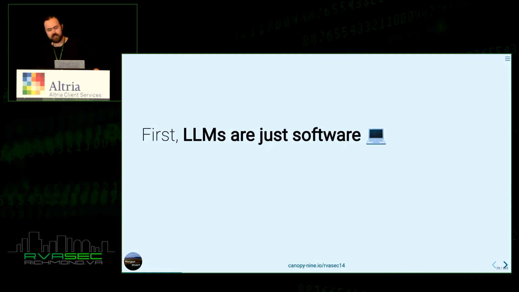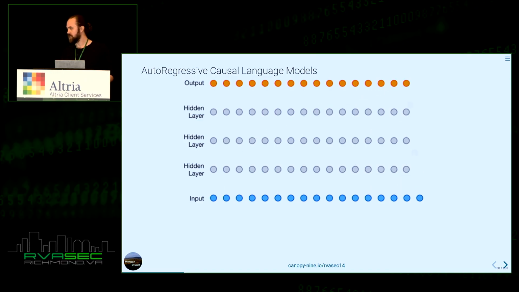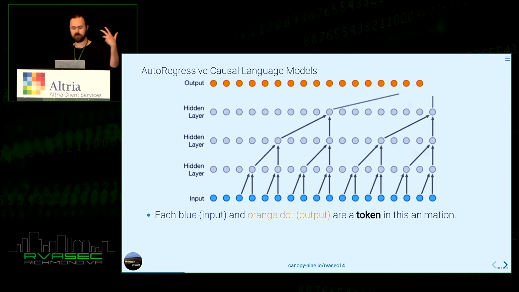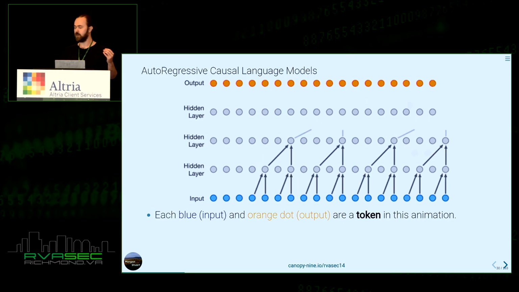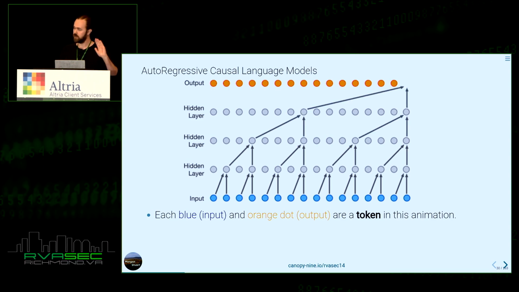The first thing to know is that an LLM is just software. Input goes in, program does program things, and output comes out. Don't get lost in the hype. It's really an autoregressive causal language model, and this is a nice graphic from Google. The real key takeaway here is you can ignore a lot of the details, but just understand that it works in tokens.